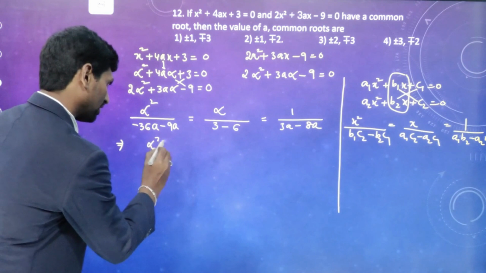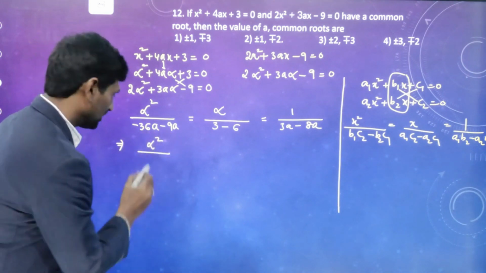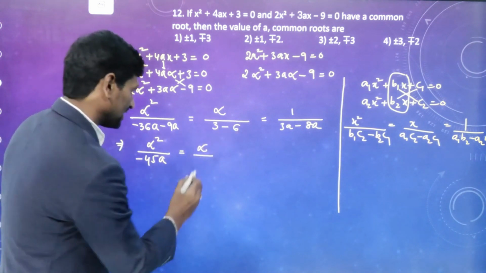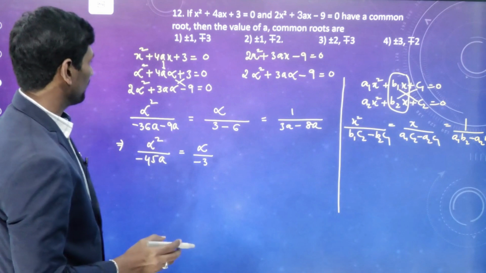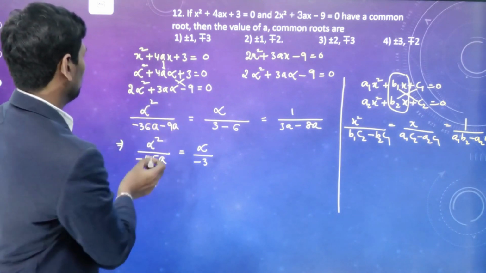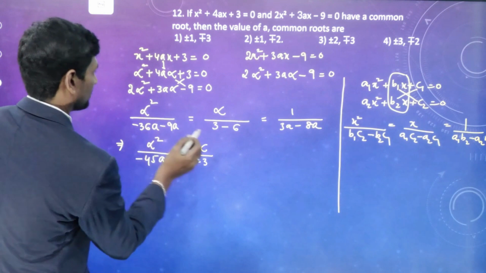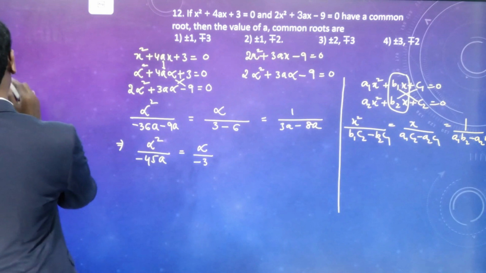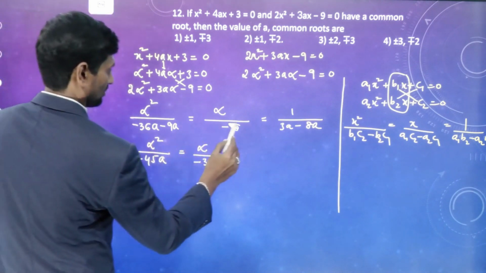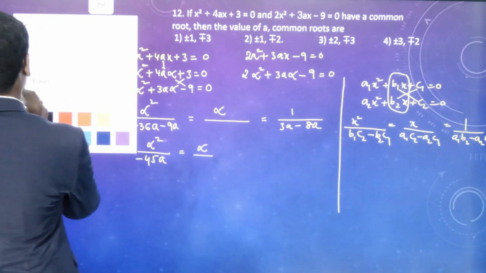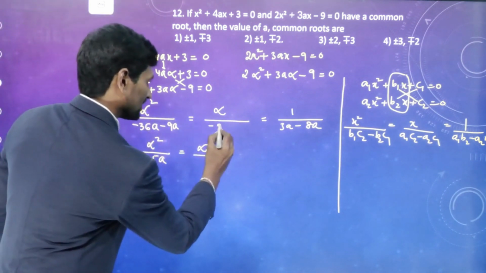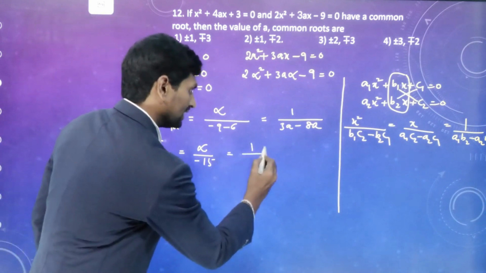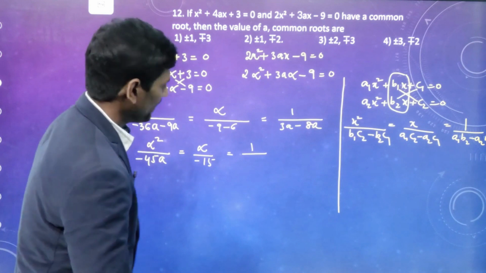That implies alpha square by, both are negative terms, add with negative symbol, minus 45a, is equal to alpha by 3 minus 6, minus 3. Sorry, 1 into minus 9, this is minus 9. Minus 9 minus 6, so minus 15. That is equal to 1 by 3a minus 8a, which is minus 5a.